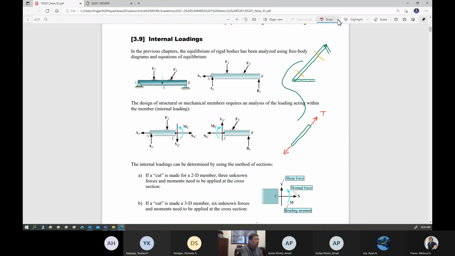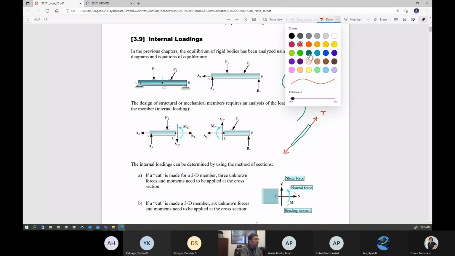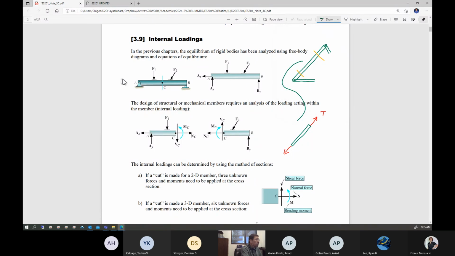However, if you're talking about more advanced structures such as this, which is a beam, by the way, this beam can support perpendicular forces as well as force in the same direction similar to this member, or you can even apply a moment at a certain location.